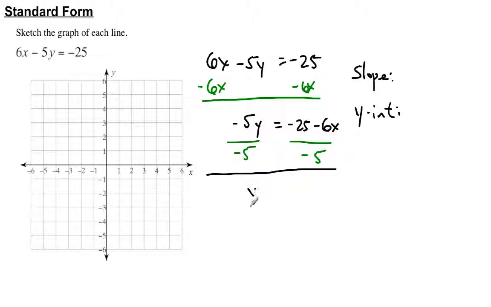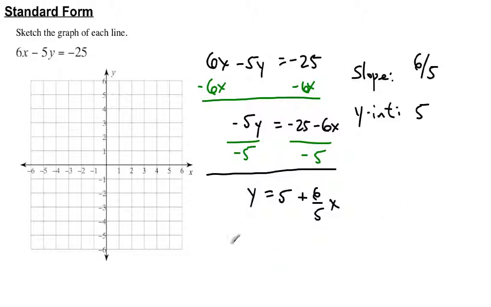We're left with y is equal to negative 25 divided by negative 5, which is 5, and then negative 6 divided by negative 5 is plus 6/5 x. We could rearrange it, but we have the slope and the y-intercept. In this situation, the slope is 6/5. The y-intercept is 5.